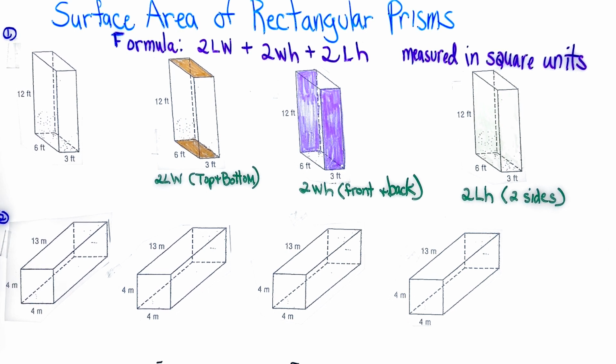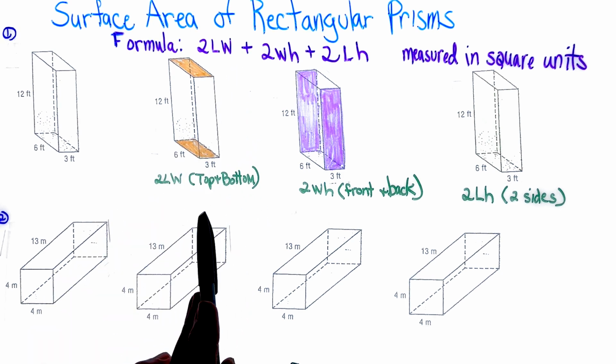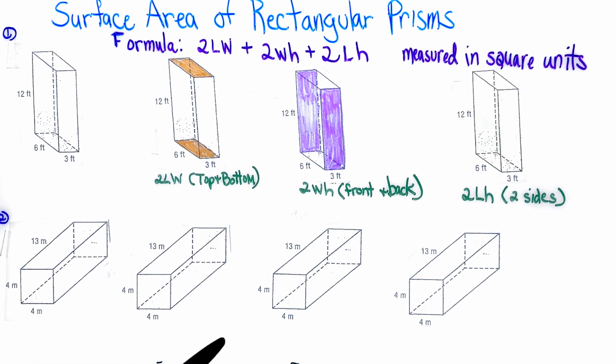So when I'm looking at the first problem, I see that it has a length of 6, a width of 3, and the height is 12 tall. So when we're using this formula, we are going to be using those dimensions.